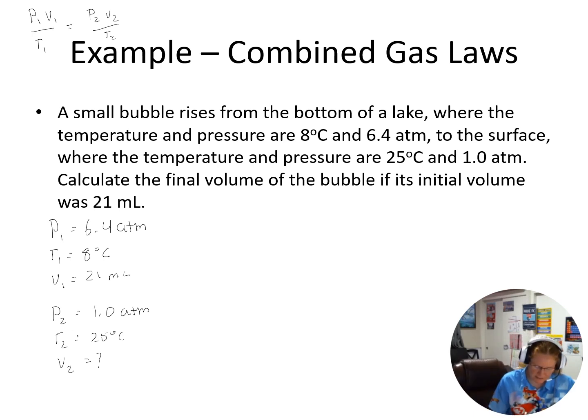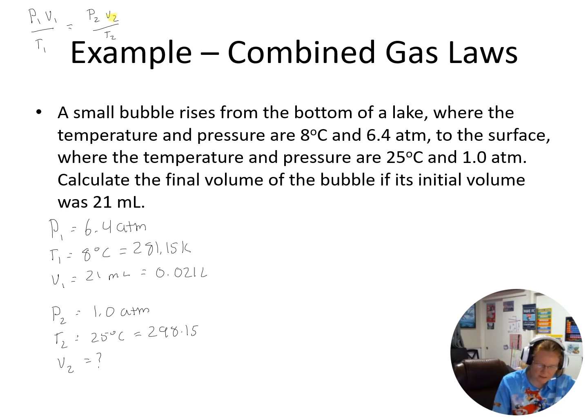All right. We've got some converting to do. We need Kelvin, so this converts to 281.15. This converts to 298.15. Then we need liters, so this will convert to 0.021 liters. Okay, so you want to solve this particular problem for V2.